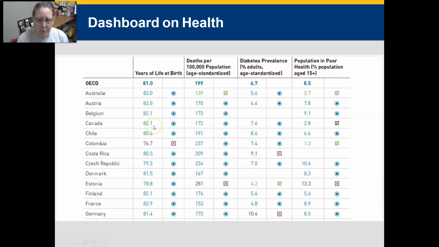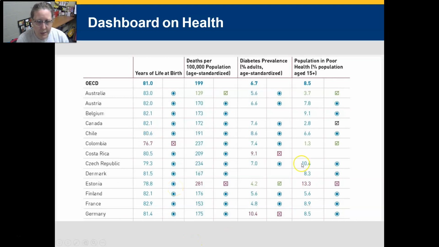If we look at our neighbors up north in Canada, their life expectancy is higher than the OECD at 82, and I believe it's also higher than ours. Their percent of population with diabetes is 7.6, slightly higher than the OECD, but not bad at all. And population in poor health is only 2.8. So this should actually be in green. That is really good.